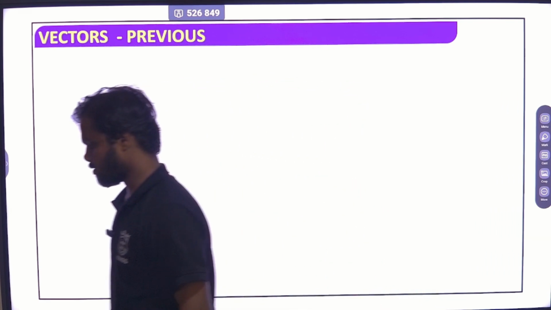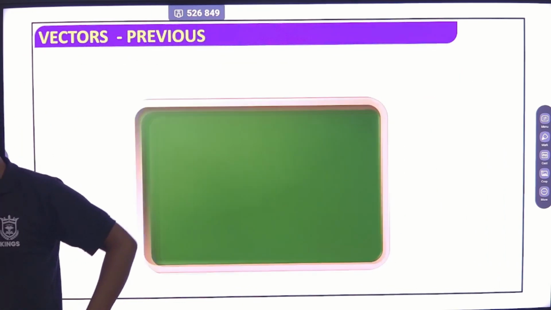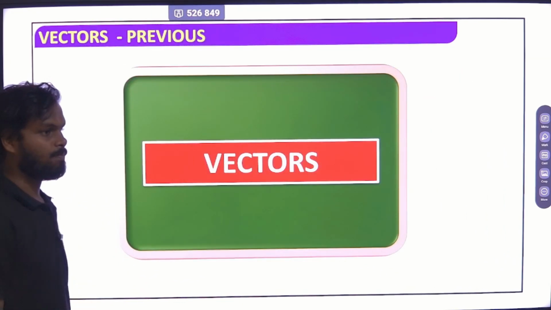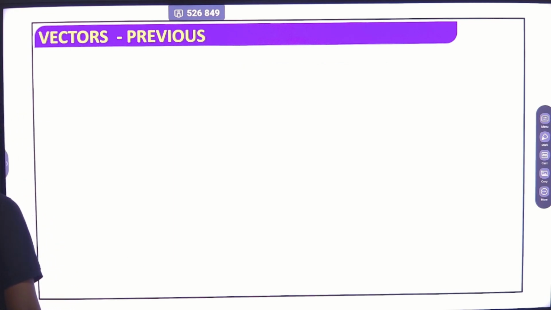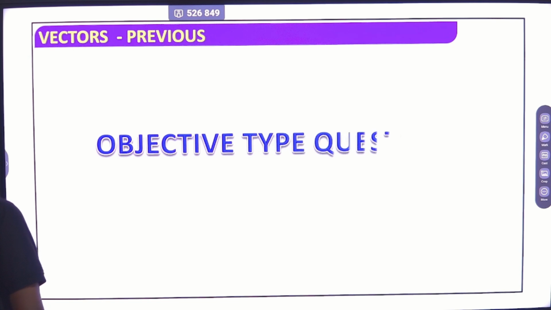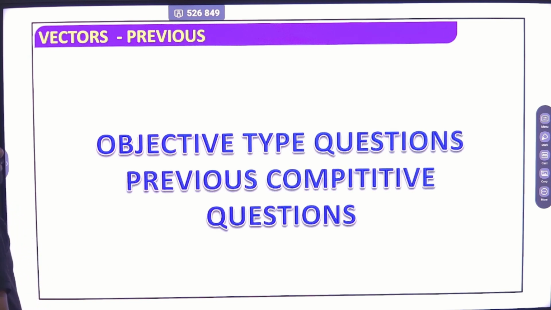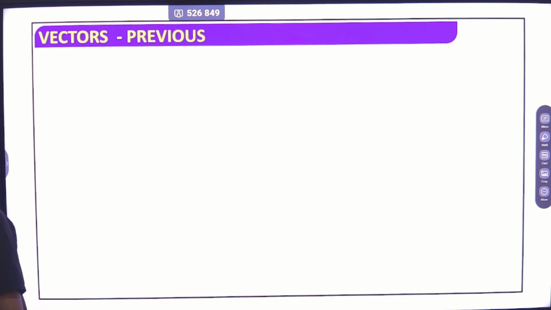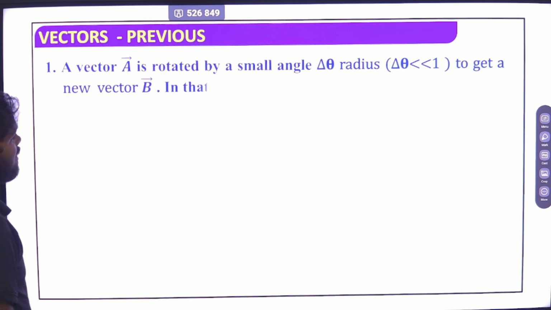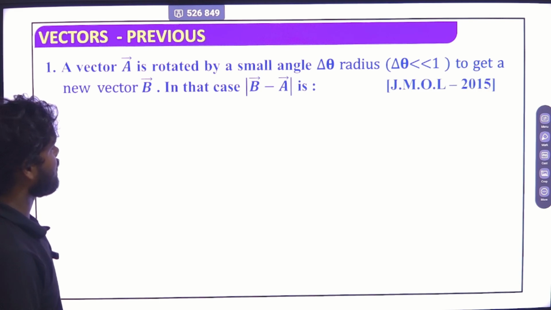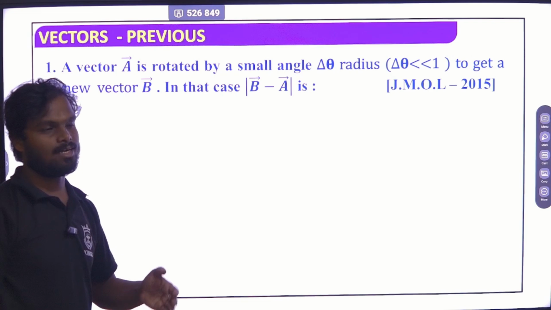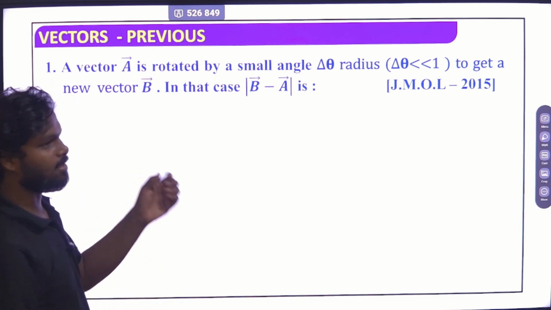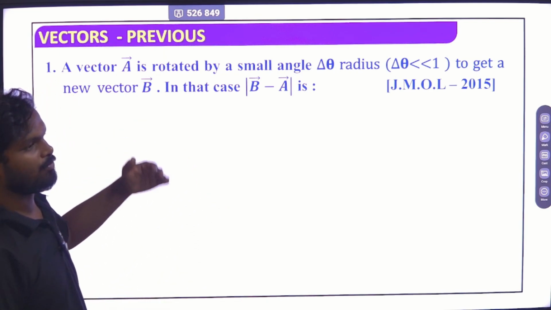So our first thing is that we are going for the presentation of previous year questions of vectors. It will be objective type questions. Our first question is a good question, but as we are starting, let's go with some easy questions, then we will move to this type of questions.